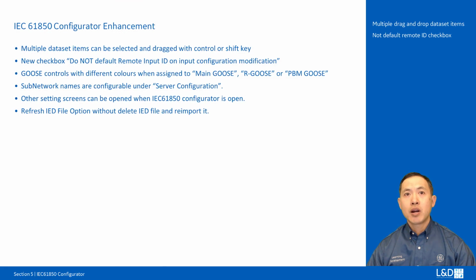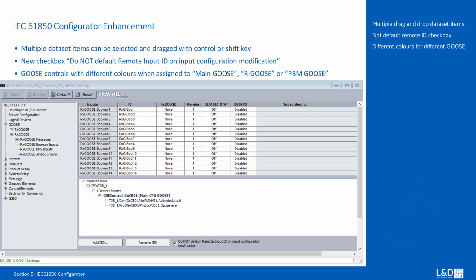On the bottom of the RxGoose Boolean DSP analog input screen, publishers Goose control have different colors when they are assigned to main Goose, RGoose, or PBM Goose. There are 3 different colors for the Goose assigned in the received Goose.